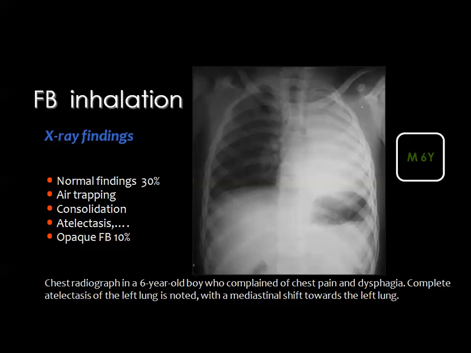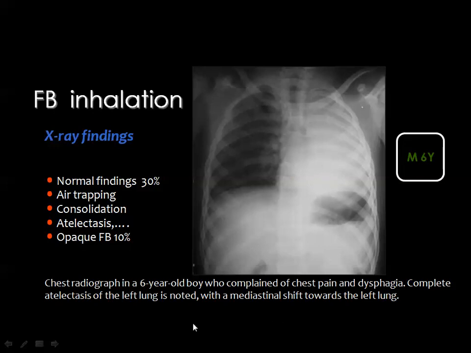The first and the most common is the normal chest X-ray, which is seen in about 1/3 of the cases. And the second common finding is the presence of air trapping, where you can see that one lung is hyperinflated and the heart and the mediastinum may be shifted to the opposite side.